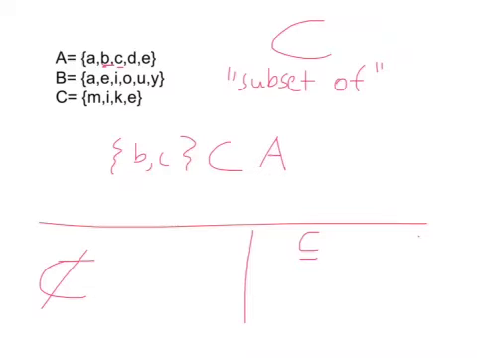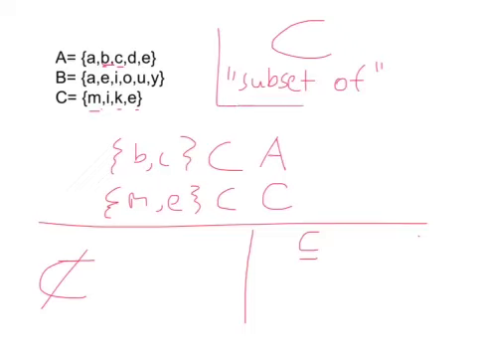I could also say that ME, or any combination of M, I, K, and E, is a subset of C. It gets a little confusing, the subset symbol and the C symbol, so we just need to be careful.